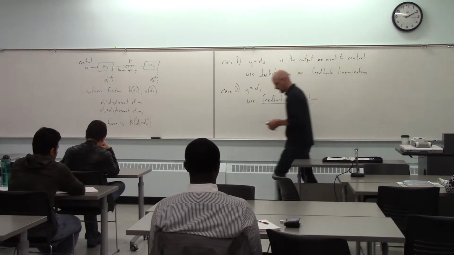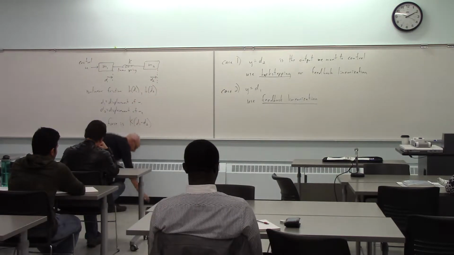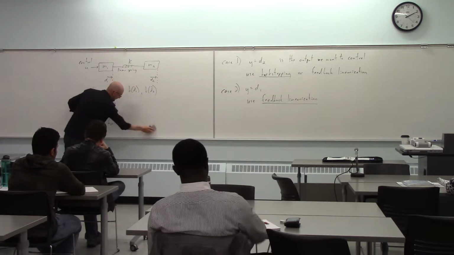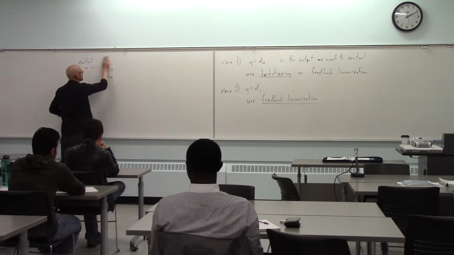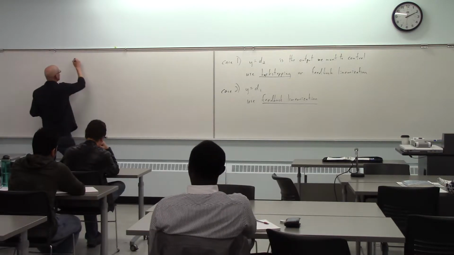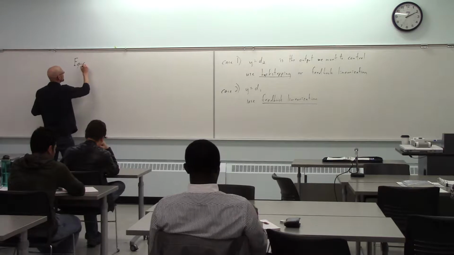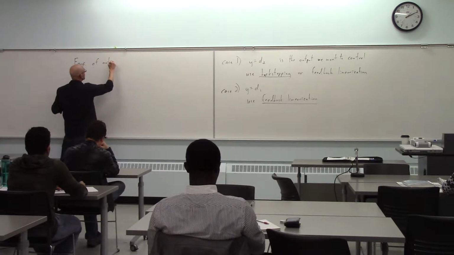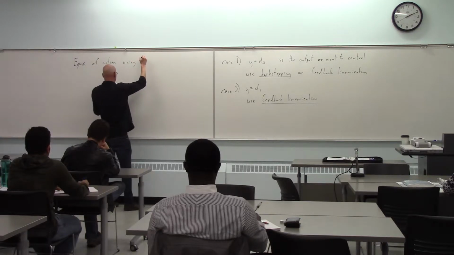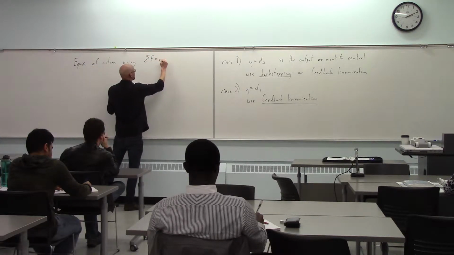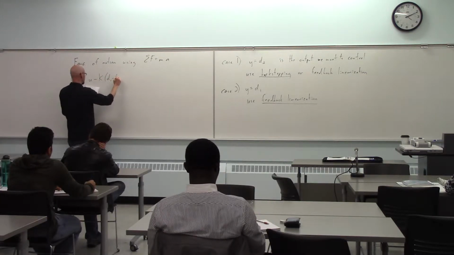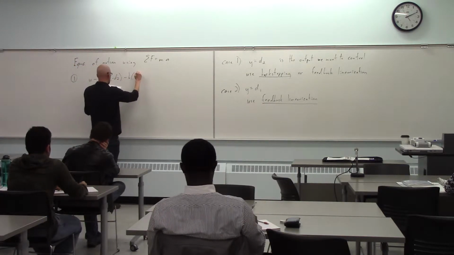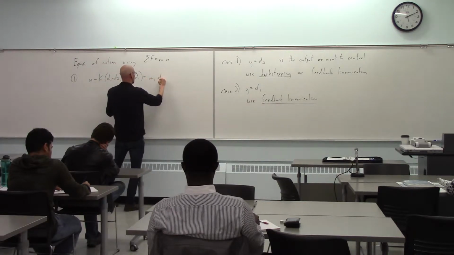For the equations of motion, all I have to do is good old force equals mass times acceleration. So if I say the sum of forces is equal to the mass times the acceleration for each of these two systems, for system 1 I get u minus k(d1 minus d2) minus b(d1 dot) equals m1 d1 double dot.